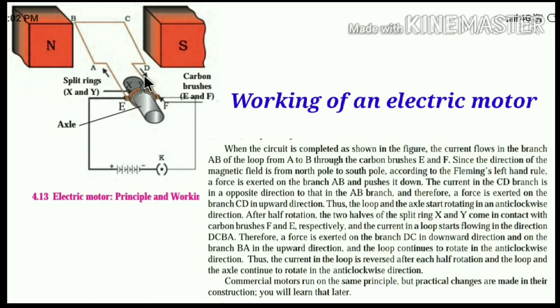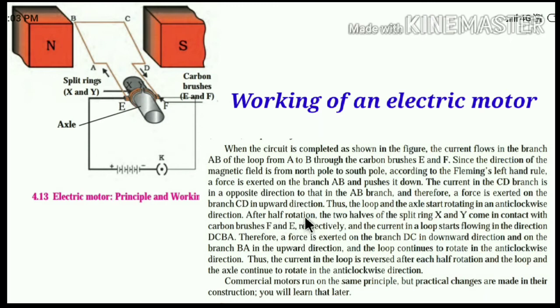So in this branch current flows from C to D, that is opposite direction to that in the AB branch, and therefore the force is exerted on the branch CD in upward direction. So branch AB pushes in the downward direction and branch CD pushes in the upward direction.